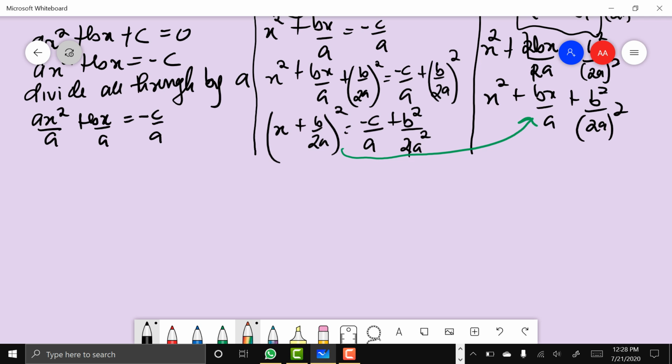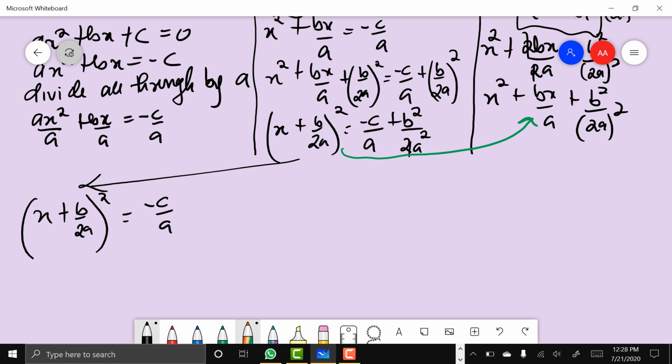So from here I have x plus b over 2a all squared equals minus c over a plus b squared over 4a squared. If you find the LCM of this, you have 4a squared.